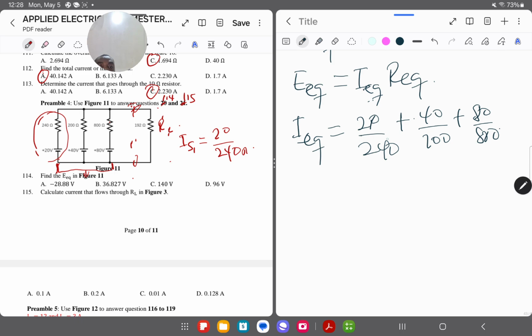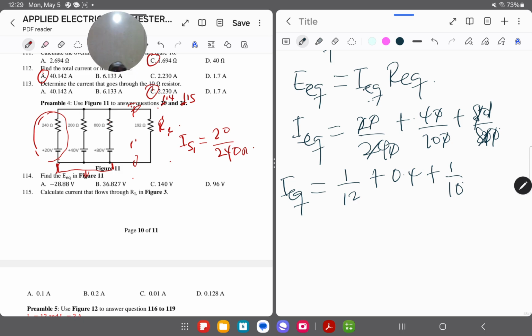Even just cancel a bit to reduce this. So I know my equivalent current is going to be 1 over 12 here. Here is going to be 0.4. This and this here will be 0, so this will cancel. So we get 80, so that will be 10, so 1 over 10 here.